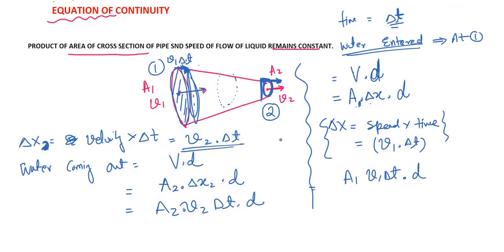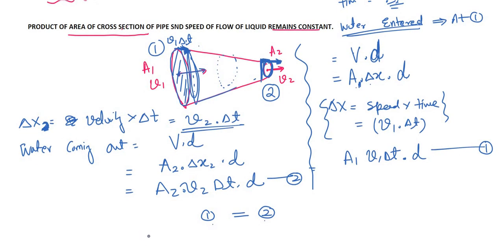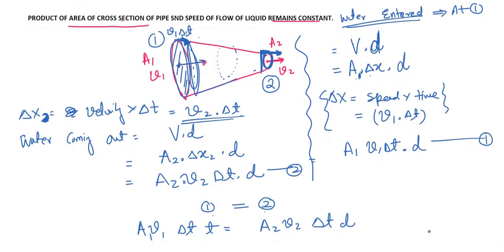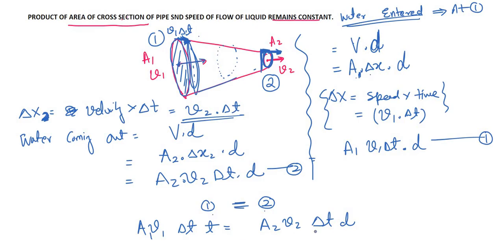If we look at the logic, whatever water is entering is this, and water coming out is this. So can I say the entering amount of water is equal to the amount exiting from the pipe, because the pipe is the same, within the same duration? These two should be same. So I can write A1 V1 del t into D will be equal to A2 V2 del t into D. Perfect. What do you think is cancelling?